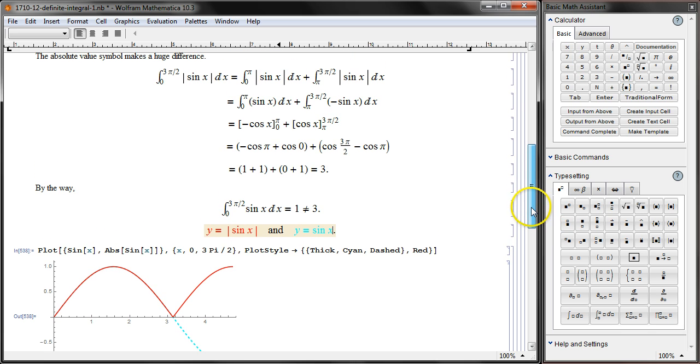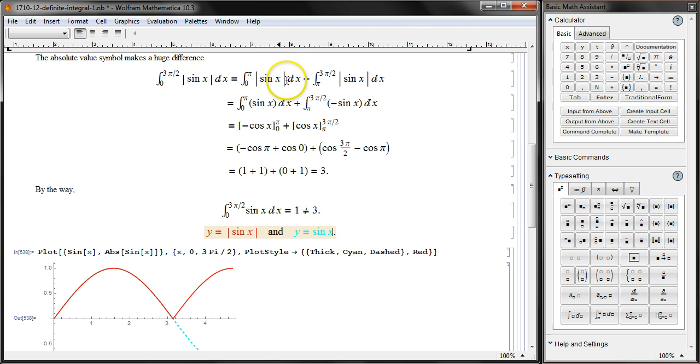Maybe a better expression is over here. This absolute value of sine of x is equal to sine of x, as you see in this graph. So from 0 to pi, no problem there. And from pi to 3 pi over 2, down here, when we have this opposite sign, the sine of x in absolute value is actually negative of sine of x.